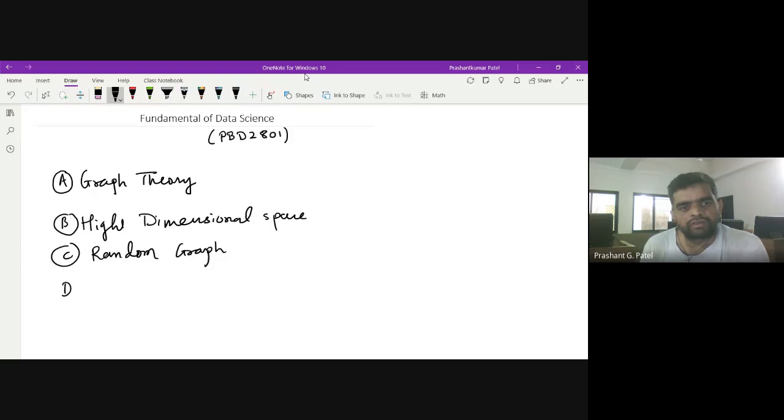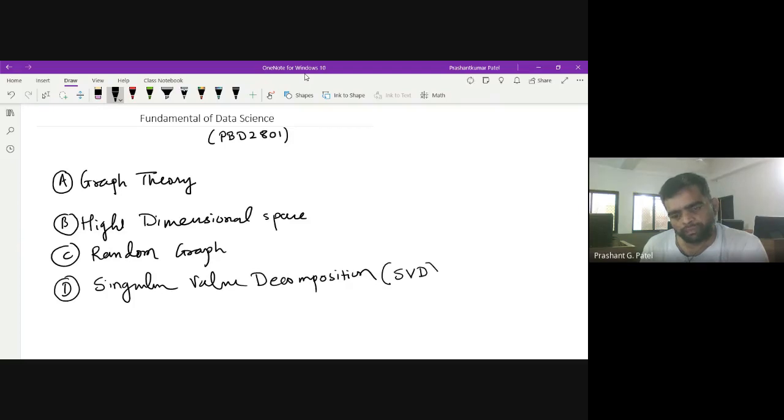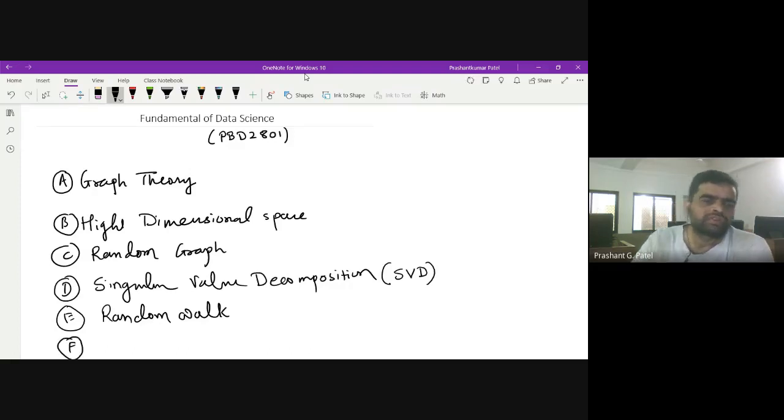The fourth one is singular value decomposition, in short also known as SVD. The fifth one is the random walk. And the sixth one is the algorithm for massive data.